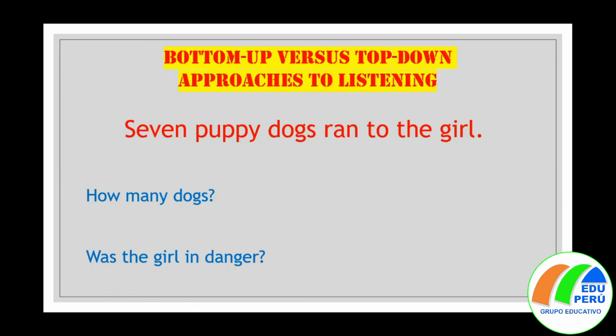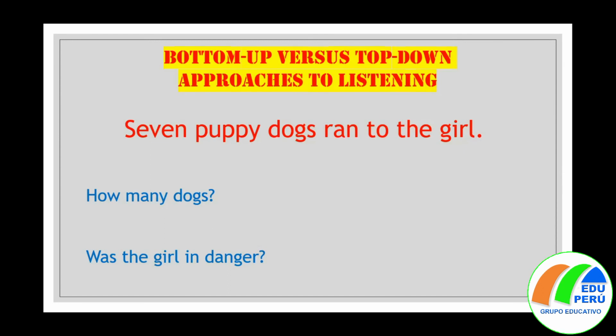How many dogs ran to the girl? Seven little puppies. Yeah, seven little puppy dogs. Little dogs, baby dogs, seven dogs. So you are giving some specific answer, right?